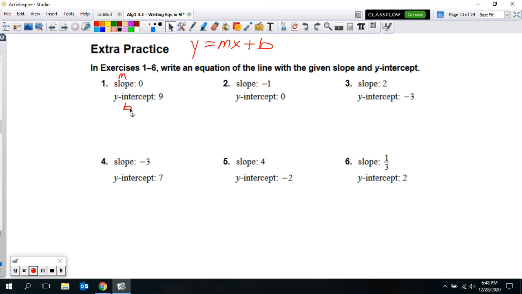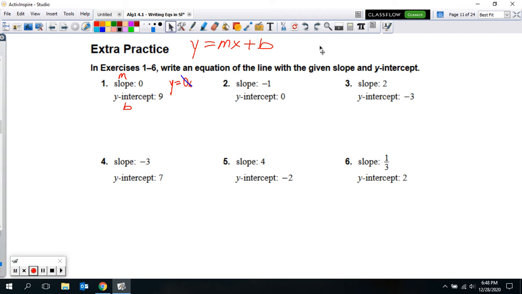So for this first one, if we say, okay, slope is 0, we're going to start with always y equals. So we start off writing out the equation y equals, and then the slope number 0. So 0x, x will always still be in the equation. The m and the b turn to those numbers. And so we got 0x, but now notice I crossed that out because we're not going to actually say 0x. We don't actually say that, so we're really not going to have any x term here in this one at all.